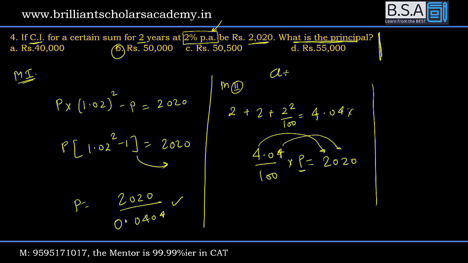Second method is what? Successive change. Second method is also very effective. It's a very small percentage only for 2 years. If this was 2 percentage for 3 years, this will become difficult for you to apply. This is best. In fact, the left hand side is a universal approach.